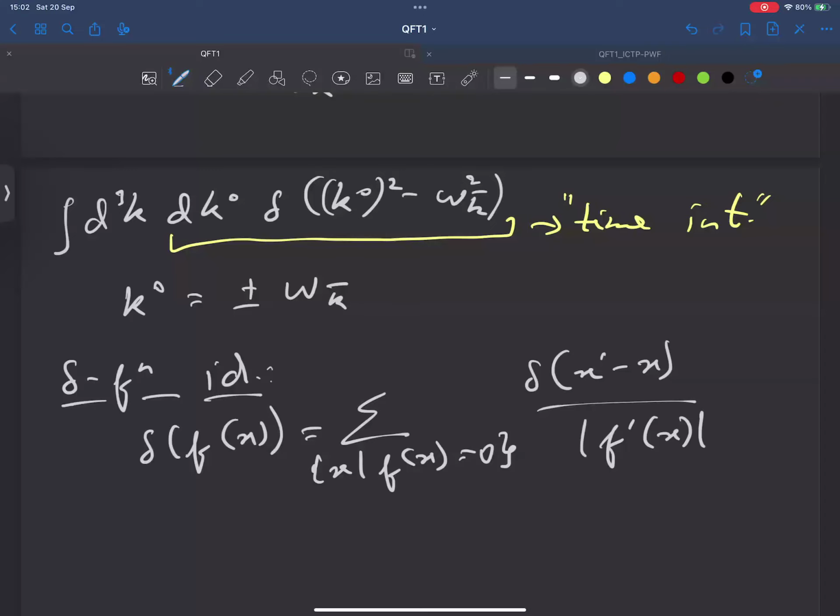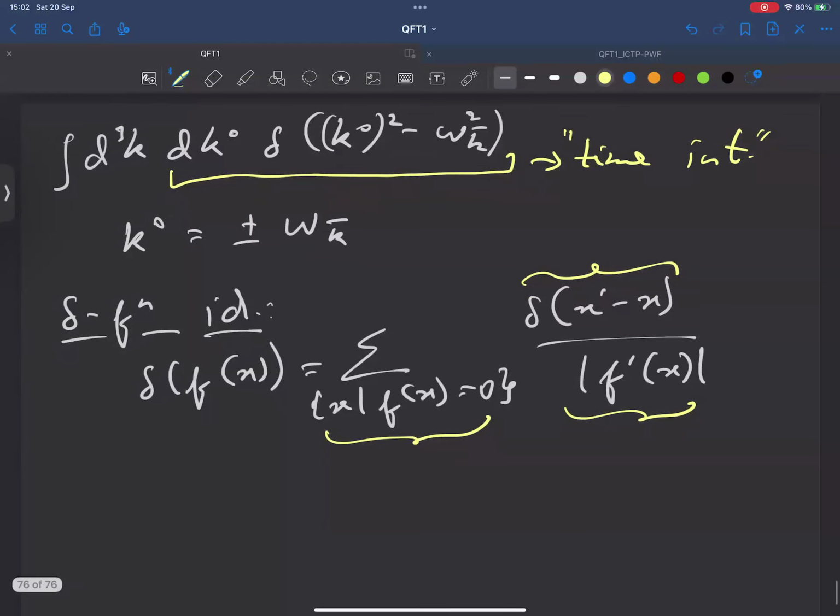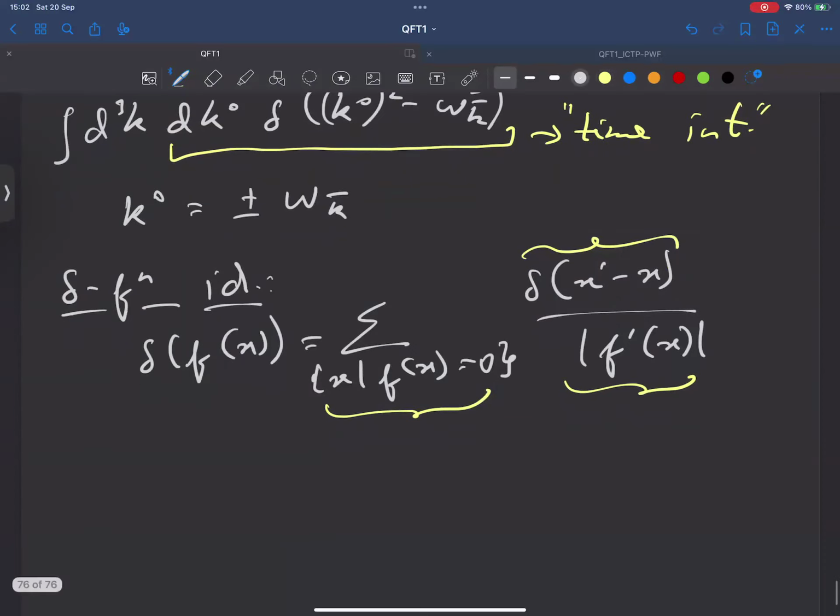So there's a delta function identity that says that if you evaluate the delta on the roots of the function f(x), so this means all the points where f(x) is 0, its roots, then it factors into sums of the trivial delta function over the derivative of the function at exactly the roots of the function. As I said, you will find an appendix in the notes where this will be proven.